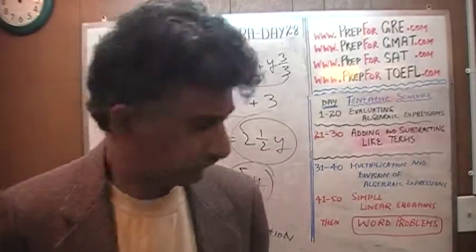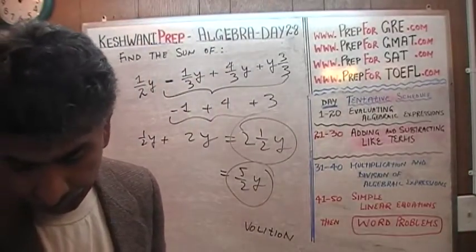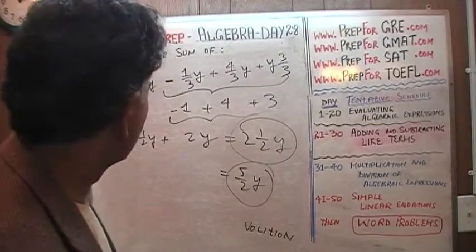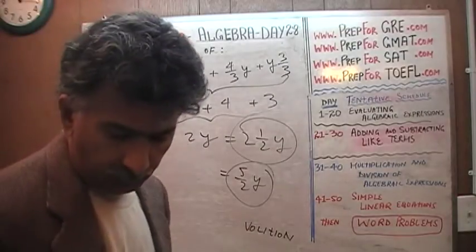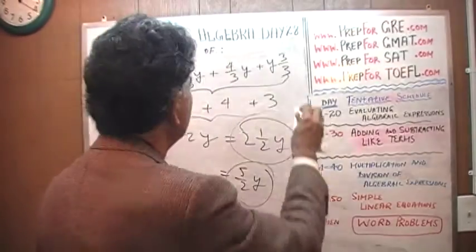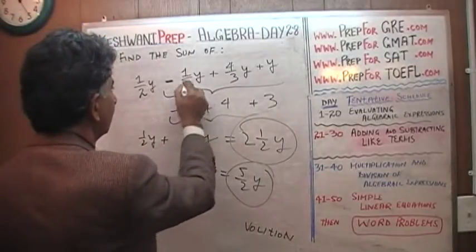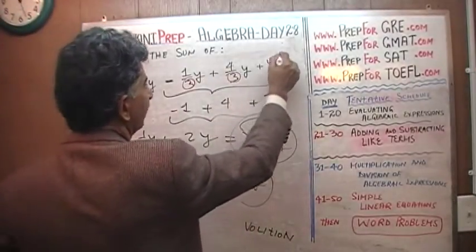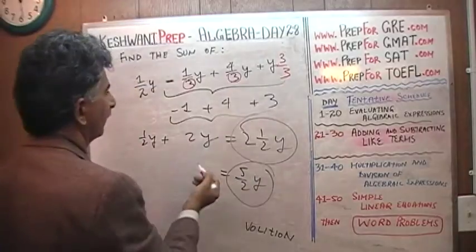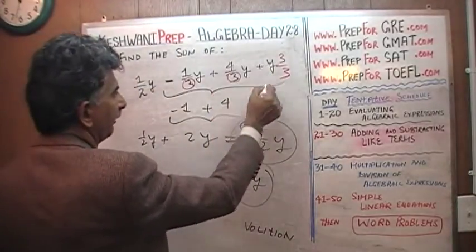Should I go more into it or should I just call it a day? Let's just call it a day. One more time I'm going to quickly explain what happened. This was just a y. If it's just a y, it has a coefficient of 1. This is the third, this is the third. I wanted to make this a third too so that we can add up all the thirds first. So we have negative 1 on the top, a positive 4 and a 3.